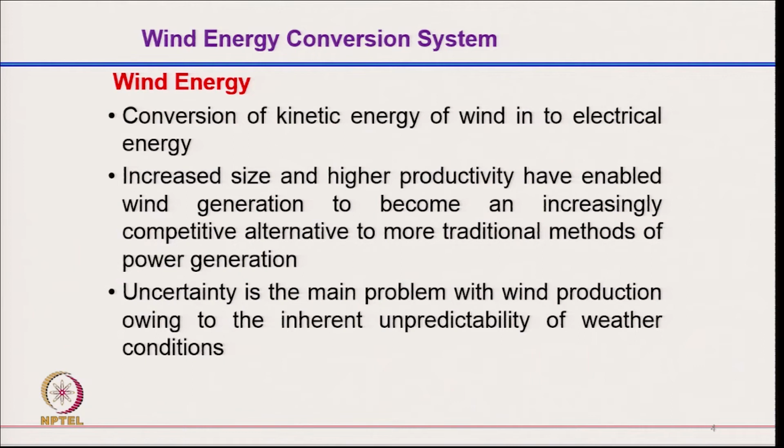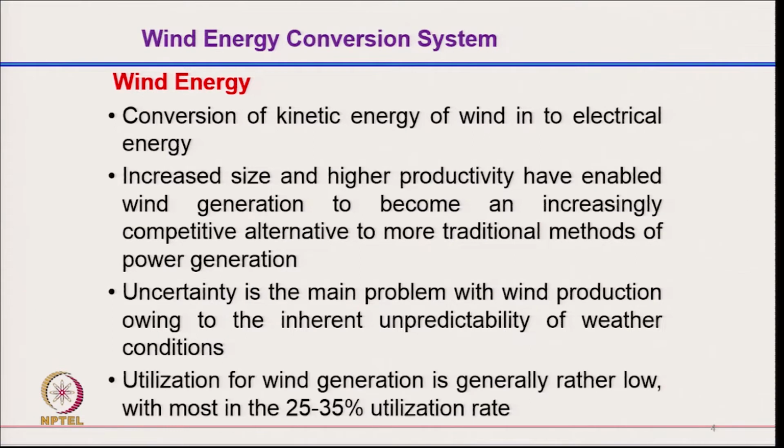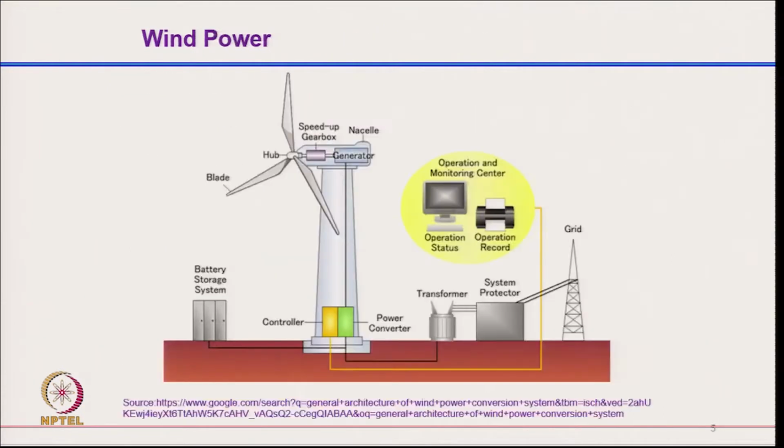Uncertainty is the main problem with wind production owing to the inherent unpredictability of weather conditions, and utilization of wind generation is generally rather low, with most in the 25 to 35% utilization area.